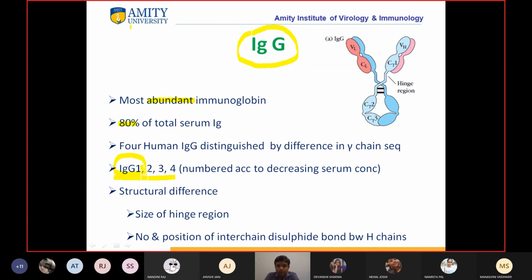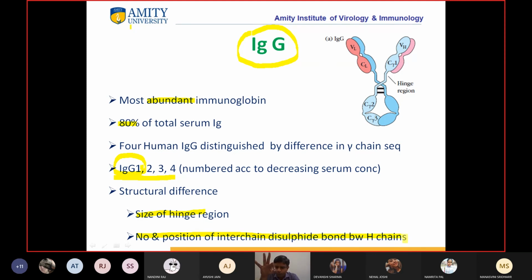Now what is the major difference between these four types? The difference is structural. There is variation in the size of the hinge region, and there is variation in the number and position of interchain disulfide bonds between heavy chains, right?